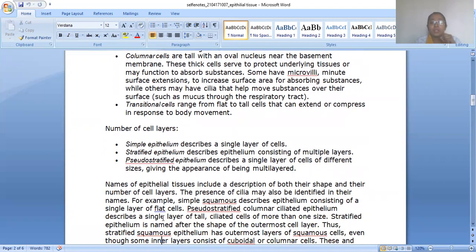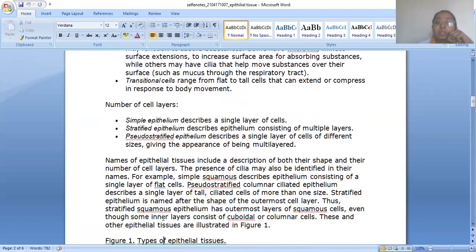So the name of the epithelial tissues includes a description of both their shape and their number of layers. The presence of cilia, as we have discussed in the cell and its components chapter, may also be identified in their name. For example, simple squamous describes epithelium consisting of a single layer of flat cells. Pseudostratified columnar ciliated epithelium describes a single layer of tall ciliated cells of more than one size.